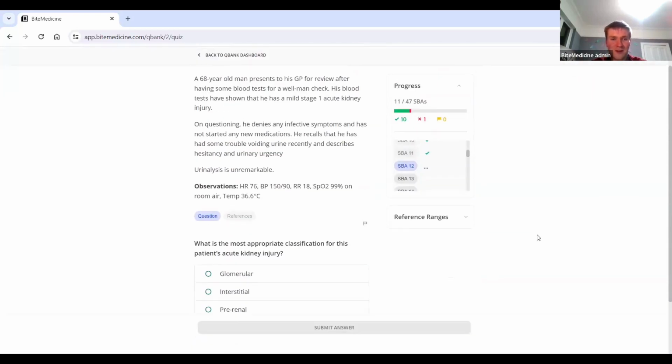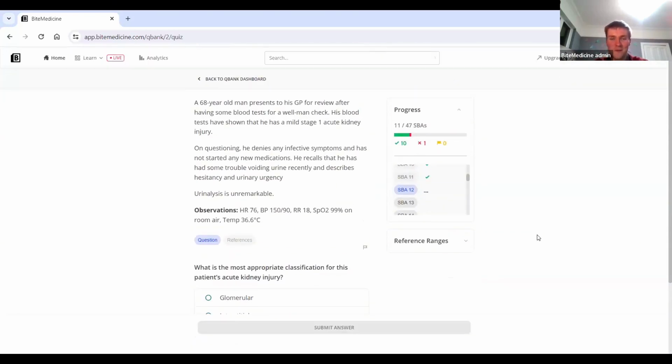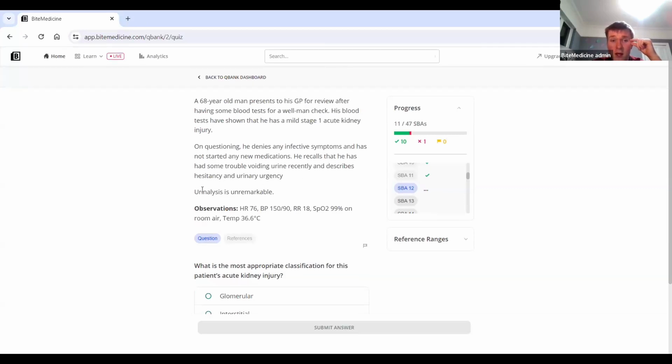So someone had written in the comments for that last one, I opt out of this information. I feel you, friend. So a 68-year-old man presents to his GP for review after having some blood tests for a Wellman check. It shows he has a mild stage 1 AKI. On questioning, he denies any infective symptoms. He's not on any new medications. He recalls that he's had some trouble voiding urine recently, describing hesitancy and urinary urgency.